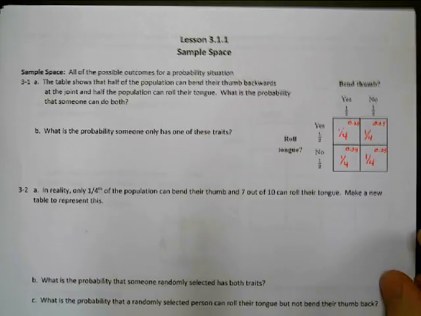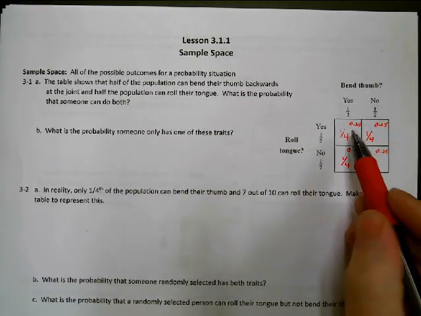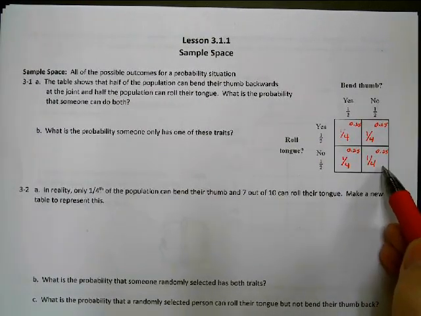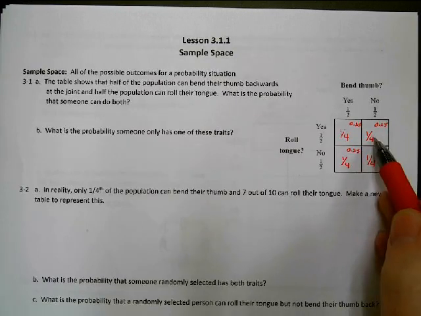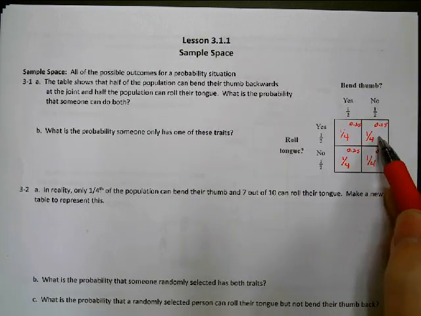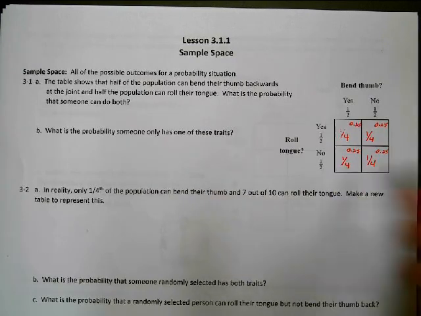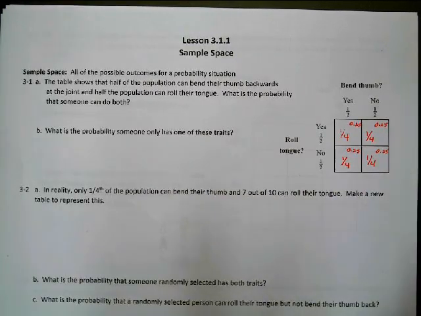So everything still adds up to 100%. A quarter of the people can do both, a quarter can't do either, a quarter can do the tongue but not the thumb, and a quarter can do the thumb but not the tongue. It all adds up to 100%. When we do our probabilities, the sample space should add up to 100%.